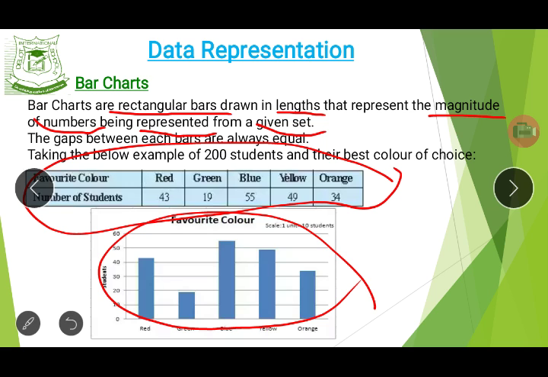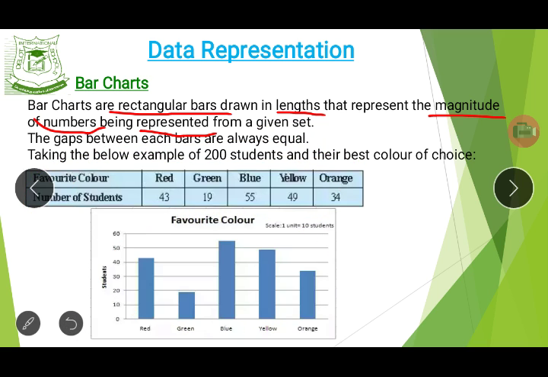So this is a table indicating the best color of 200 students. They are grouped into different types of colors, and then the number of students who prefer each color. And then we have the bar chart here to show the representation of this given set of data.